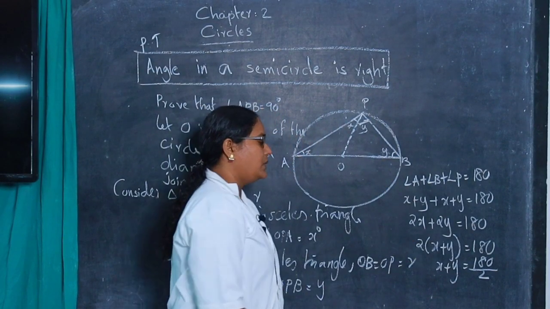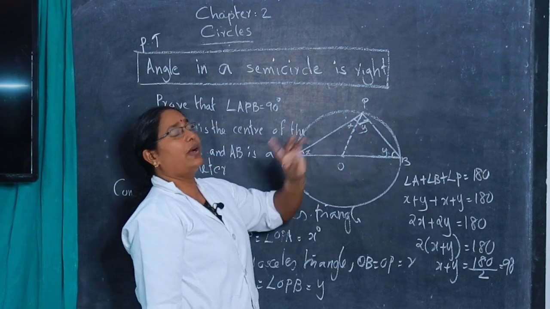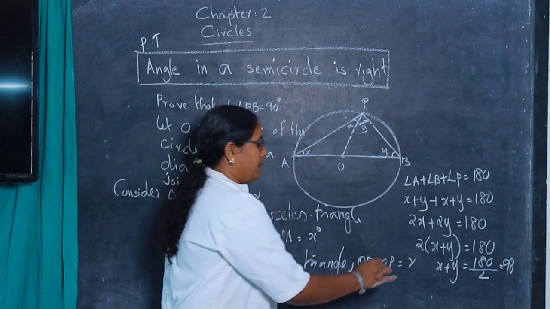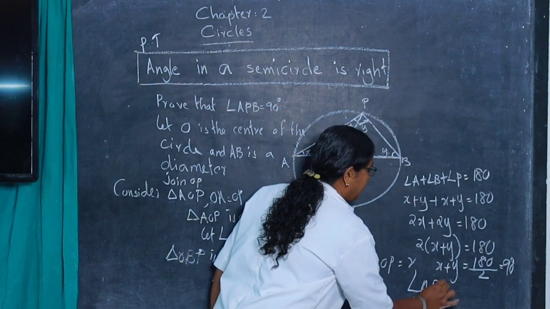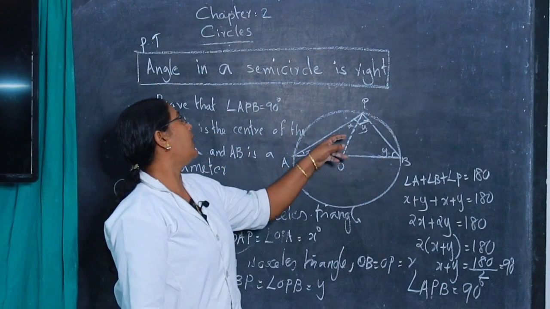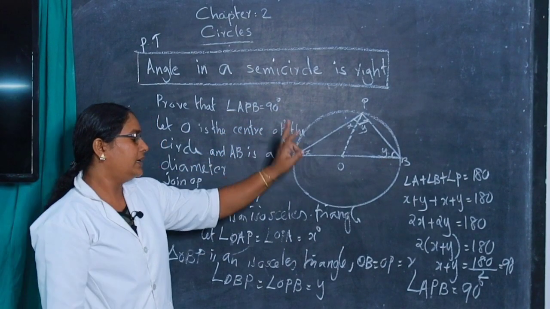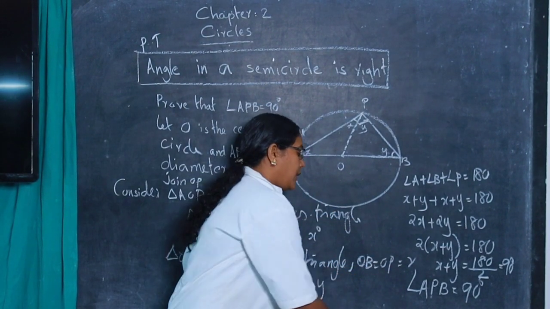What is 180 by 2? 90 degrees. Therefore, X plus Y equals 90 degrees, which means angle APB equals 90 degrees. Hence proved.